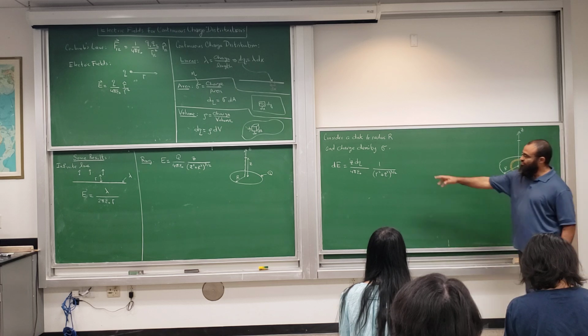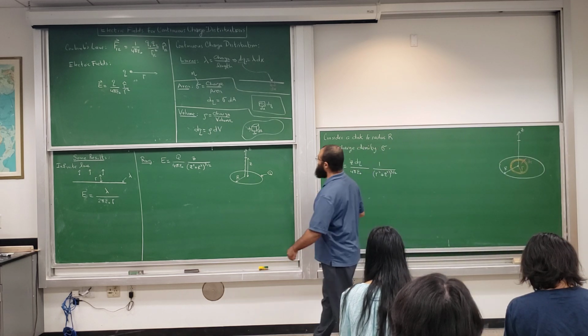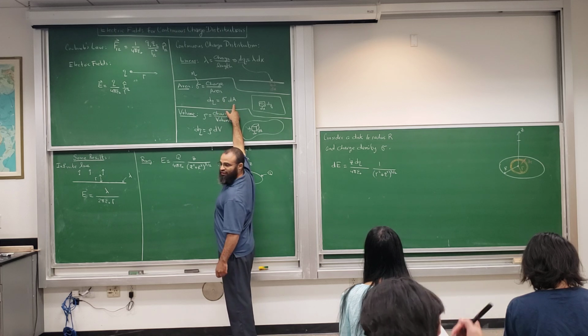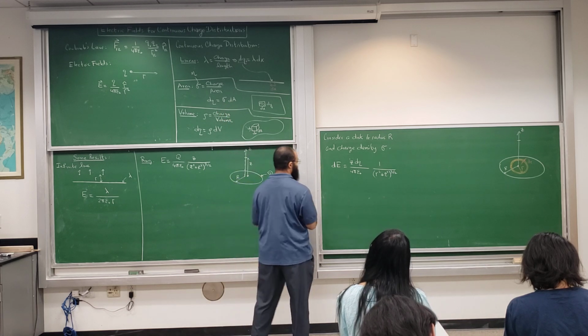Okay. So now dq, we need to worry about dq. With surface charge density, dq is going to be sigma times dA. So that's what we're going to write here.